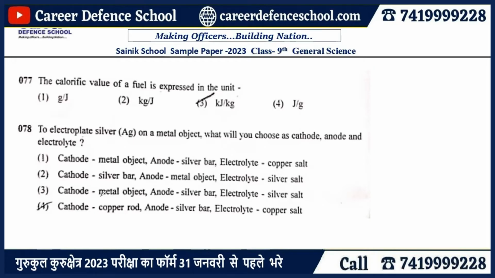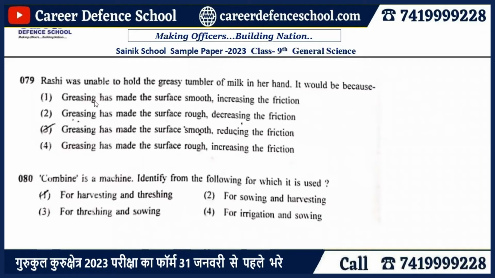Third option: cathode is the metal object, anode is a silver bar, and electrolyte is silver salt. Fourth option: cathode is a copper rod, anode is a silver bar, and electrolyte is a copper salt. The third option is the correct answer for this question. Okay, let's move on to the next.